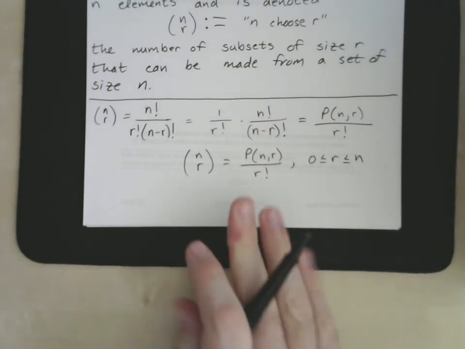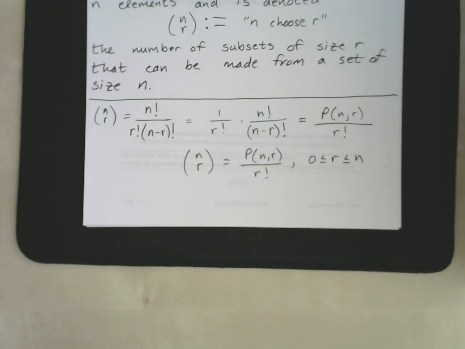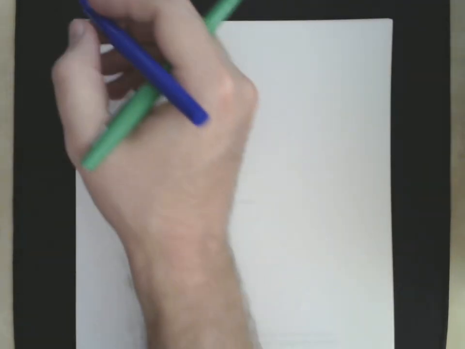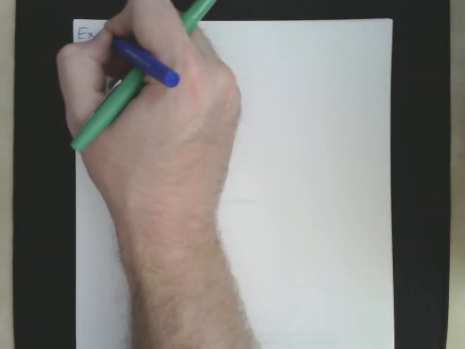Now the classic example for combination is splitting people up into groups. At one point or another, every math student gets asked, how many different ways can I group people up if I have this many people to choose from? So we're going to do a couple examples like that.